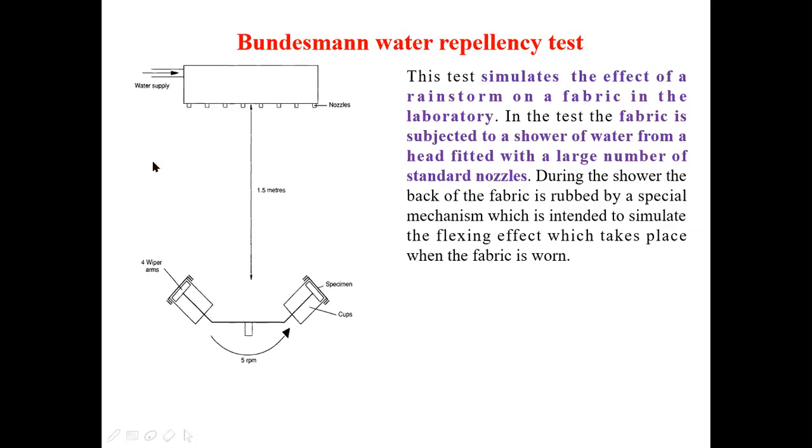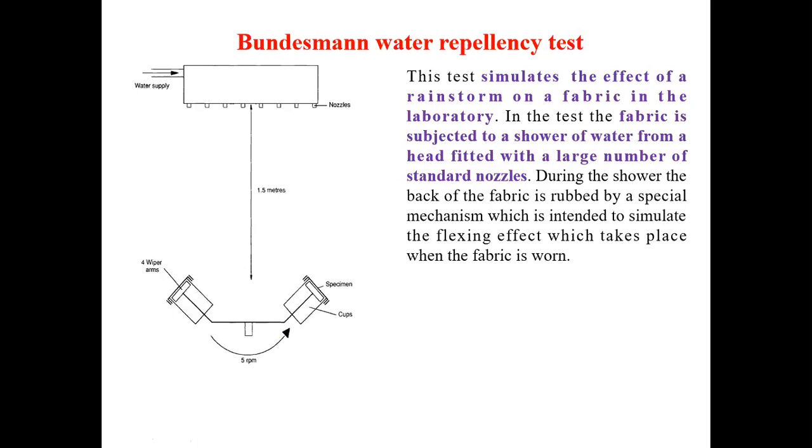So this is the experimental setup. This is the apparatus, connected with the water supply. This is a sort of reservoir, and the nozzles are fitted onto this, and the entire assembly is 1.5 meters above the surface. There are four cups, and these cups rotate at 5 rpm.